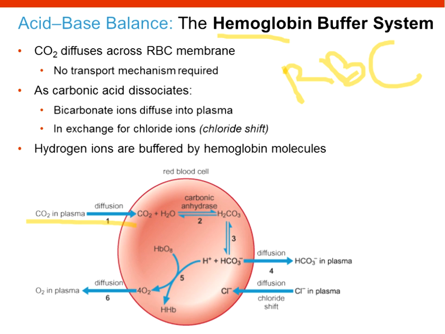If there's a lot of carbon dioxide, that means the drive will be more carbon dioxide and water combined to form carbonic acid. As there's more carbonic acid, it becomes hydrogen ions and bicarb. All right. As we want to keep this going to help the cells get rid of more carbon dioxide, we are going to take some of those hydrogen ions and bind them with hemoglobin.